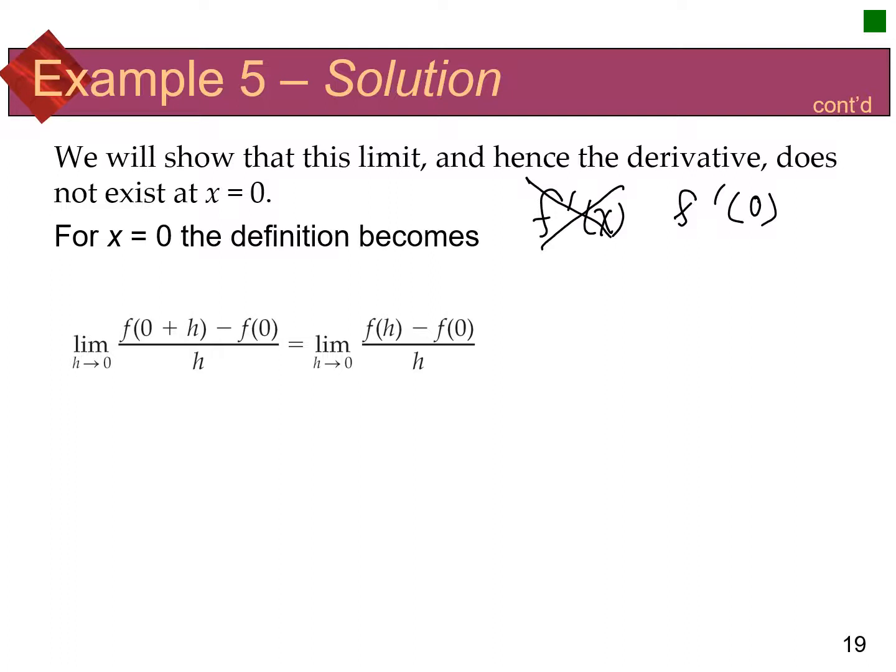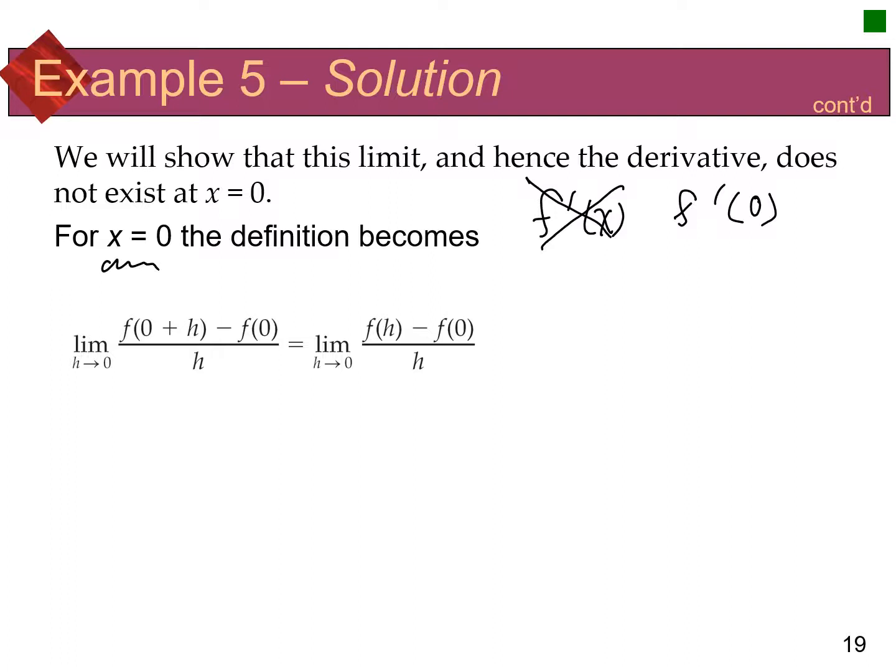Now, not every time you test this are you going to have the point being 0. A lot of them will be, but sometimes you'll have another value there. We're going to look at finding the limit as h goes to 0 of f of h minus f of 0 over h, which is what the difference quotient becomes.